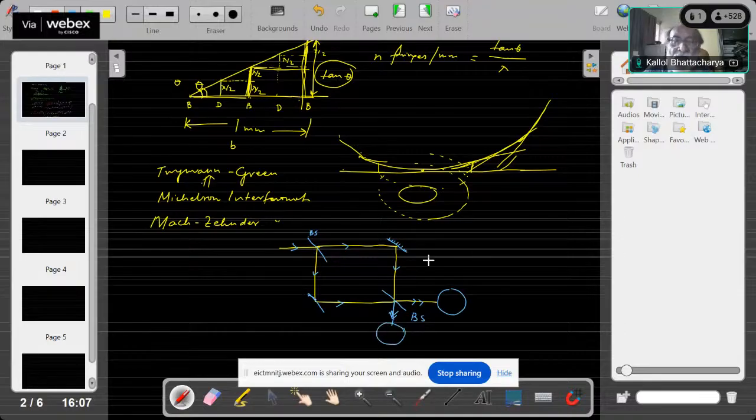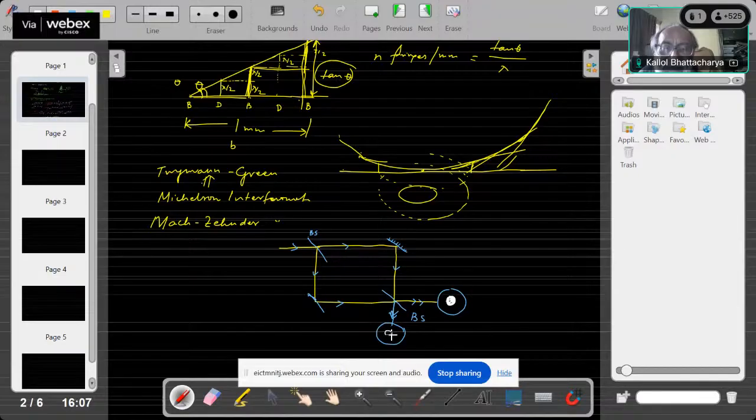It is interesting to note that if the interference pattern here, let us assume, has circular fringes because one of the beams has a slight spherical curvature, and the center of this is bright, then in this case you will have a dark center.